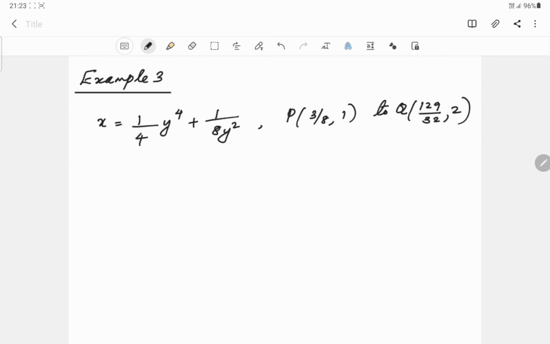Here the function is given as x is equal to some g of y, and therefore we are going to integrate this with respect to y, and here y varies from 1 to 2.